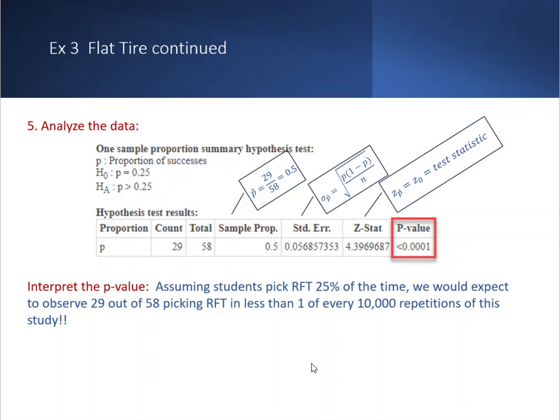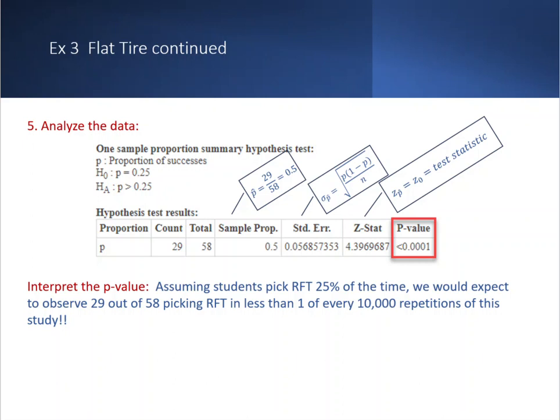Assuming that students pick right front tire 25% of the time, we would expect to observe those 29 out of 58 picking right front tire in less than 1 of every 10,000 repetitions of this study. And I put exclamation points on that because that is highly unlikely to happen.